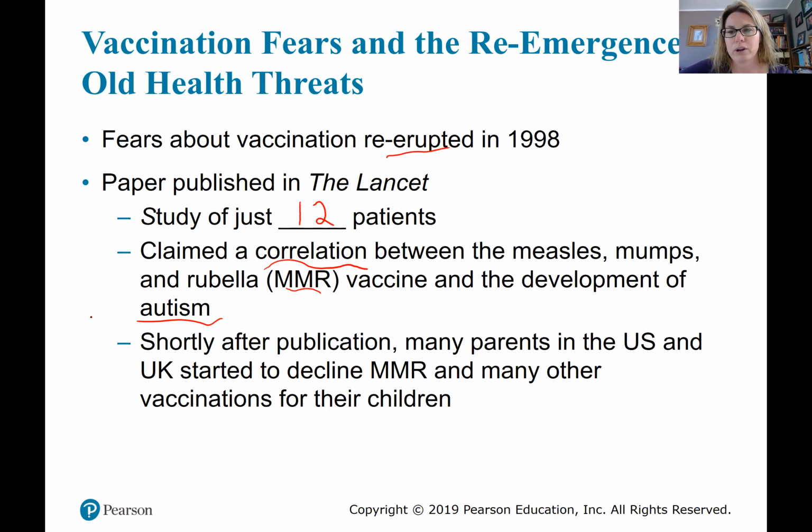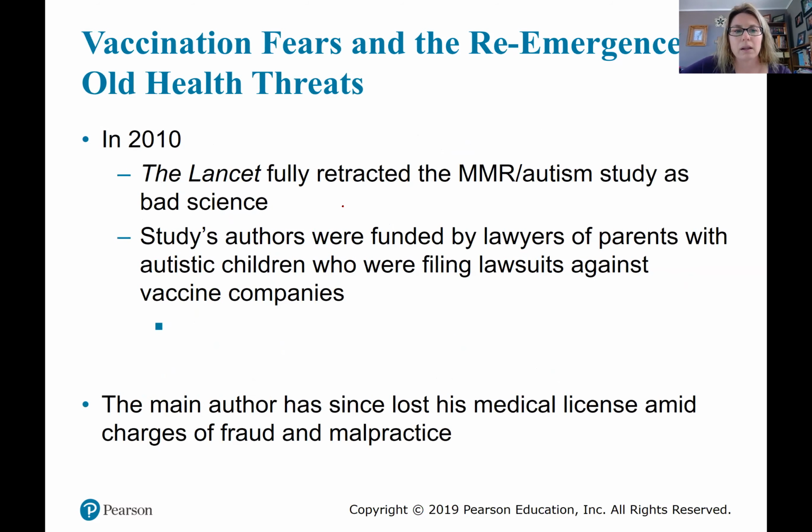So you've probably heard somewhere on the internet or from friends or family members that vaccines have been linked with autism. And that statement is true. There was a link, there was a correlation made between MMR and autism, but this study was highly flawed. There were only 12 patients there, and the Lancet in 2010 fully retracted this study because it had bad science.